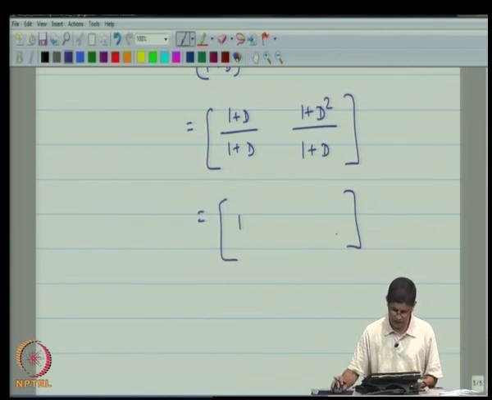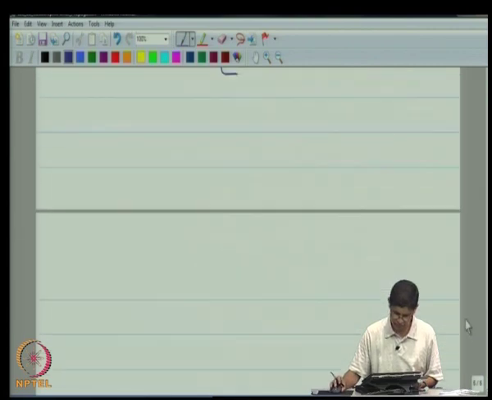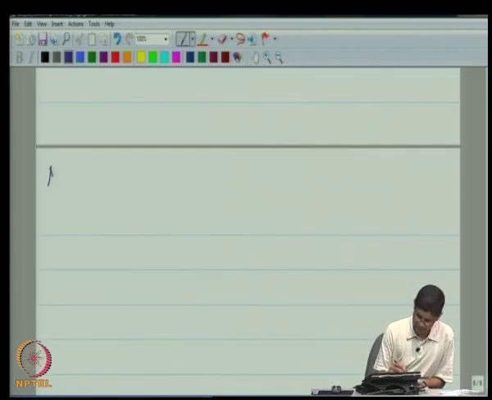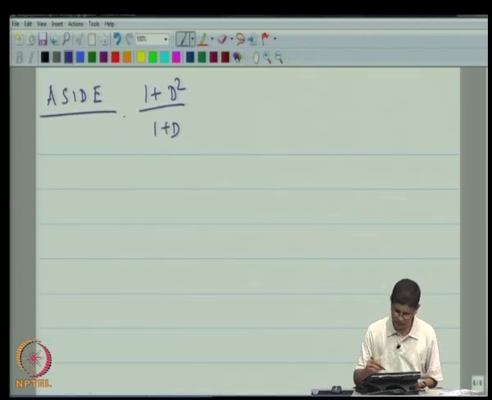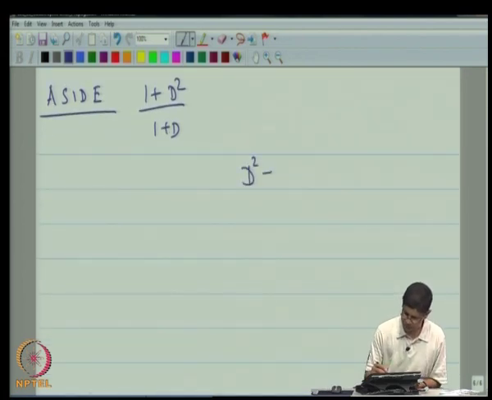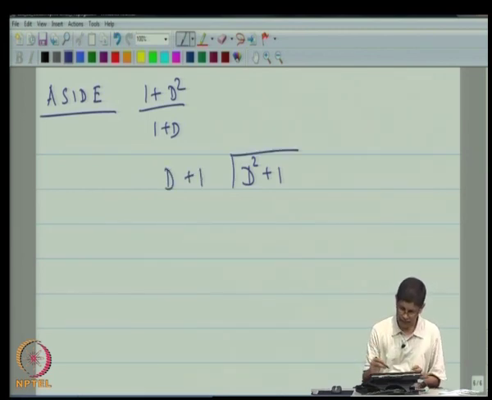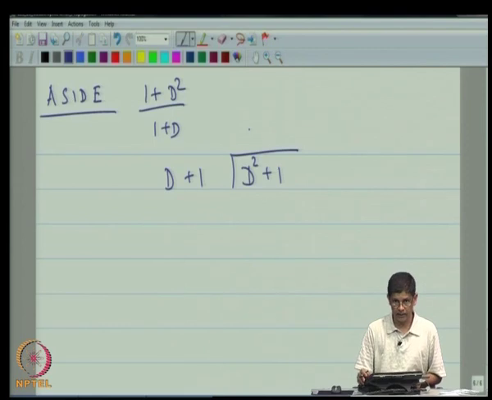Okay. So, let us do that as a side calculation. So, this is an aside. We want to determine what is 1 plus d squared upon 1 plus d. So, we will put down d squared plus 1 and d plus 1. It is important to remember that sometimes we are dividing power series and sometimes we are dividing polynomials.